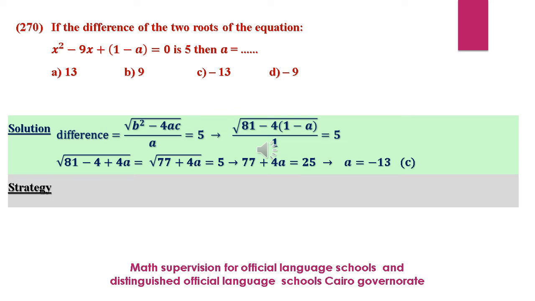So it will be the root of 81 minus 4 times a, which is 1, times c, which is 1 - a, all over a, which is 1, equals 5. So you get the root of 81 - 4 + 4a, equals the square root of 77 + 4a, equals 5. So 77 + 4a equals 25. As a result, a equals negative 13.